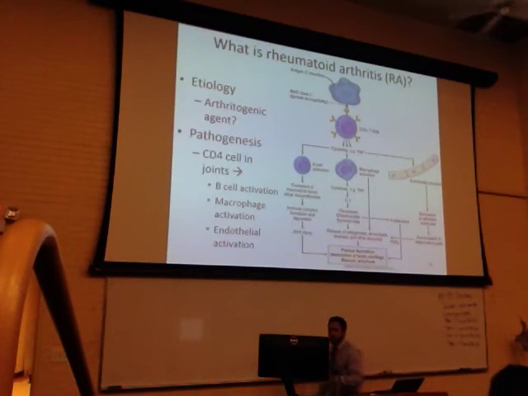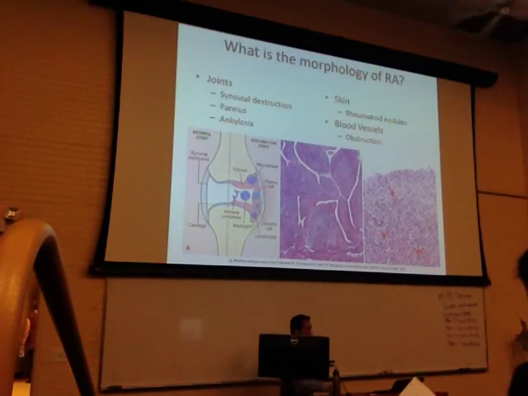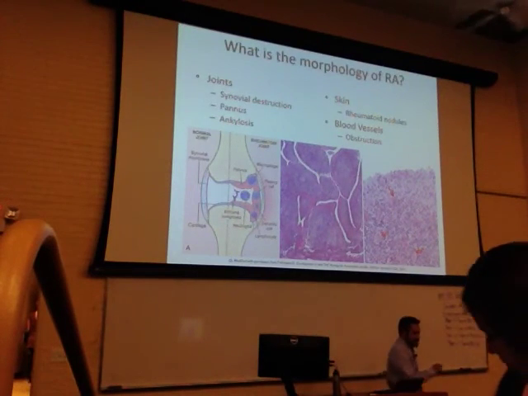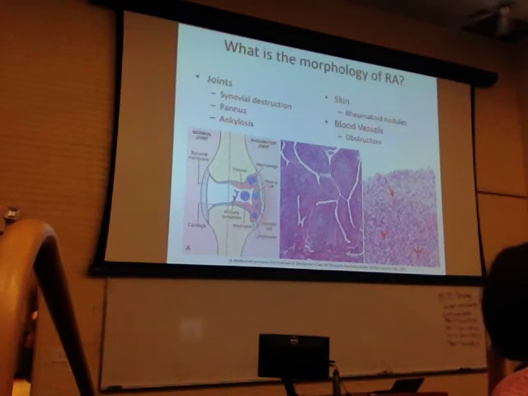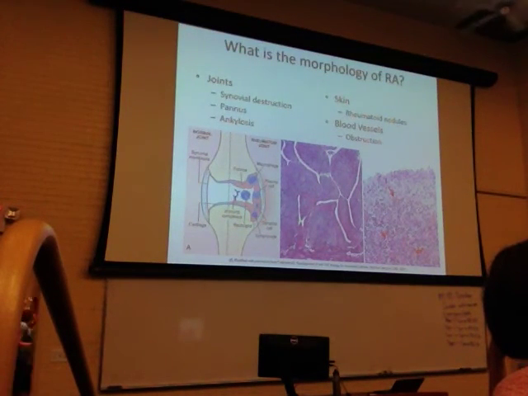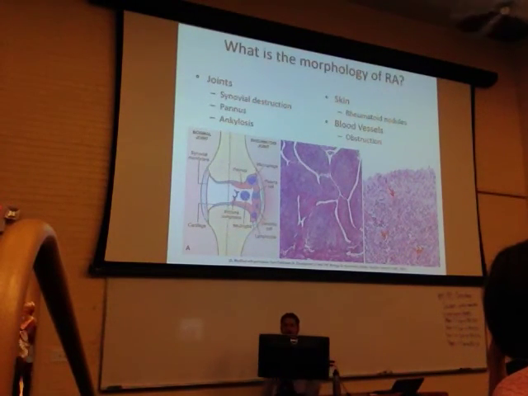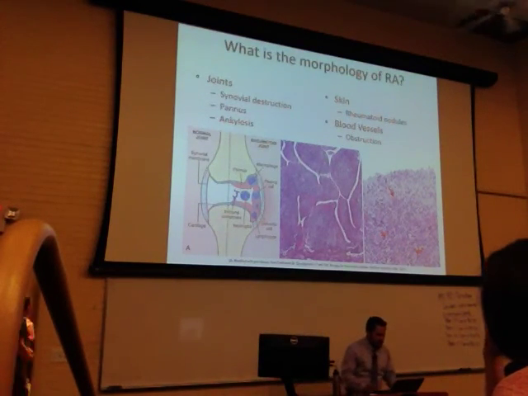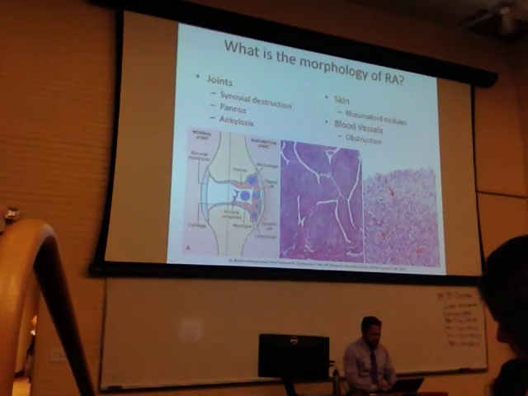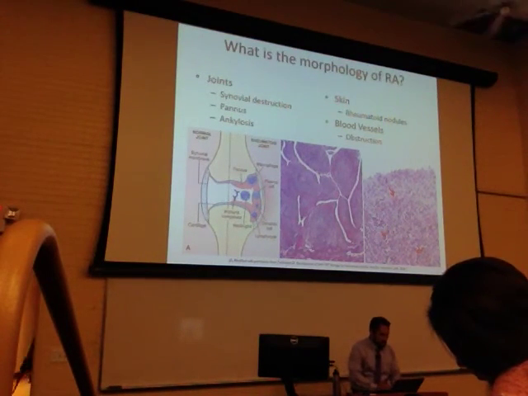So what's manifesting itself is this inflammatory disease within the joint. If we look at what's happening with rheumatoid arthritis, we focus on the joint, but we also see issues that show up at other locations, like the skin, with rheumatoid nodules, and in blood vessels with obstructions. So it starts in the joints, and it moves to other locations.